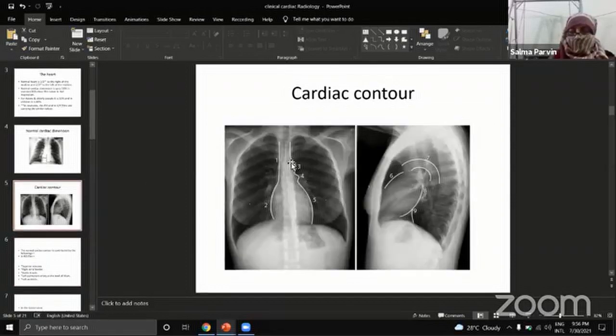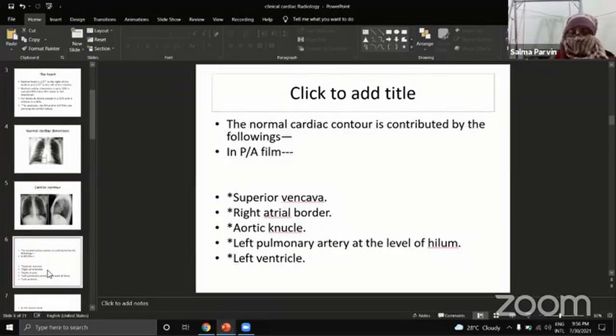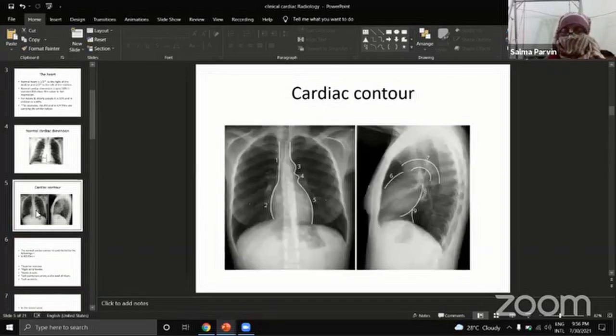The aortic knuckle, pulmonary trunk, this area is the left atrial appendage, and this is the left ventricle. Because this is the pulmonary trunk that divides into the left and right branches, these would be at the level of the left hilum.